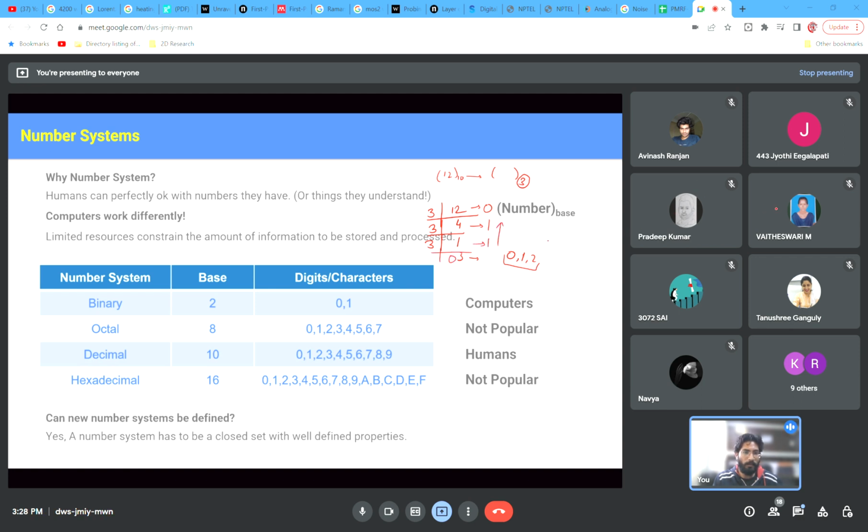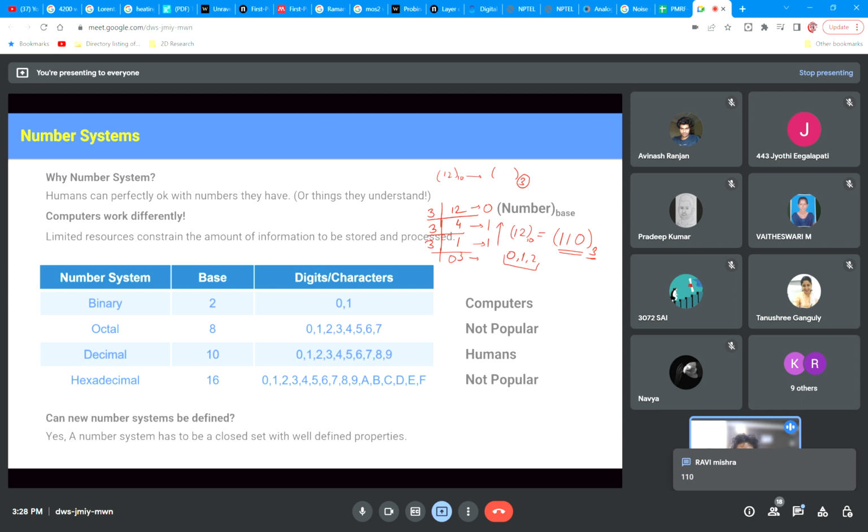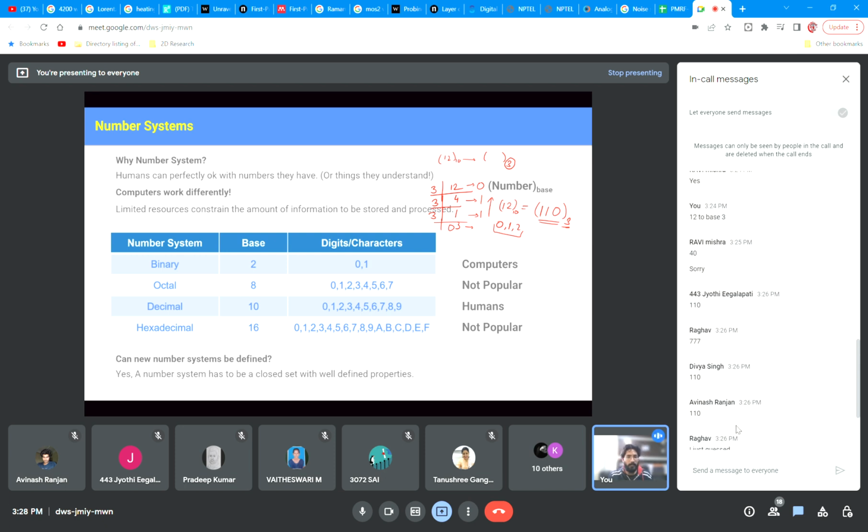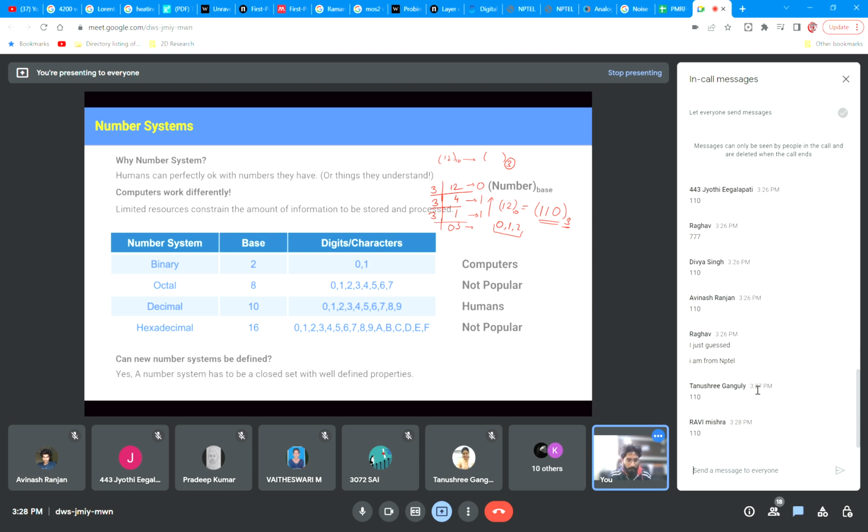So you have to write it like this. If you convert from this to base 3, you will get this to be your number, that will denote 12 in our new number system. Yeah, correct, Ravi. Pretty many of you just got the correct answer. It's good that you are following the lectures.